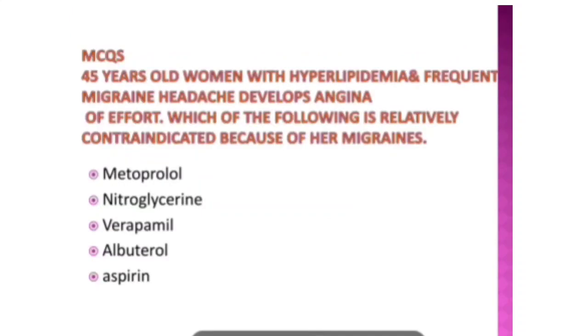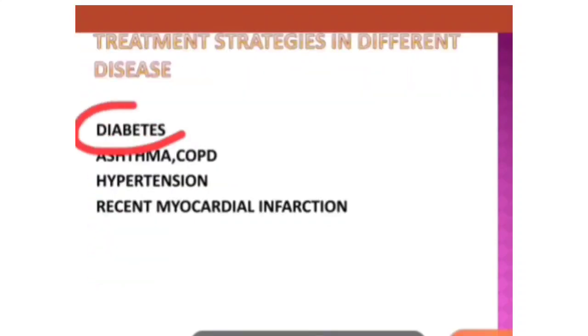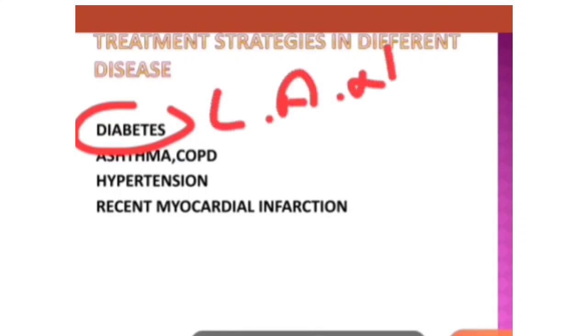But in diabetes, we can choose mostly long-acting nitrates. Then we can also have the option of a calcium channel blocker. In diabetes we cannot use beta blocker drugs. Why?